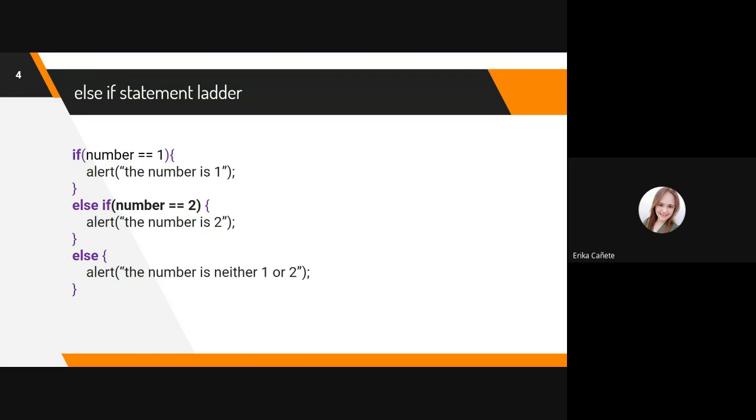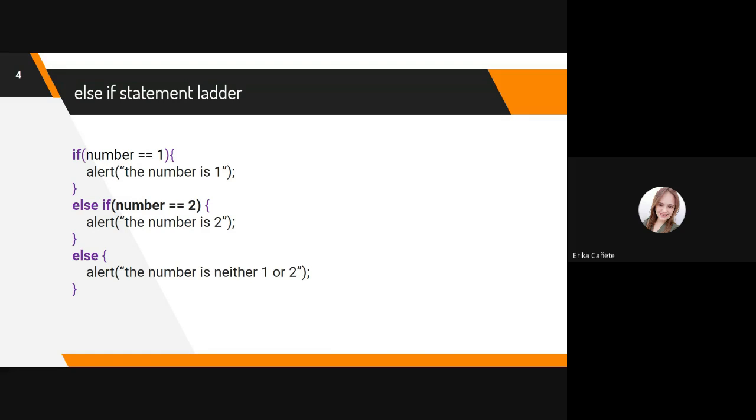Next, we have the else if statement ladder. In this example, we again use the condition: if the number is equivalent to 1, and it turns out to be true, an alert box will pop out showing the string the number is 1.